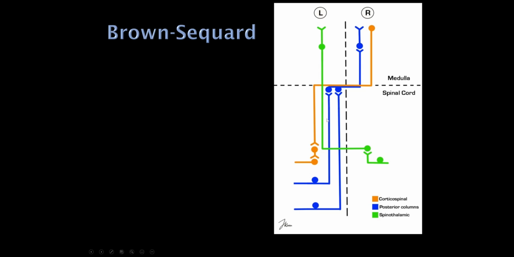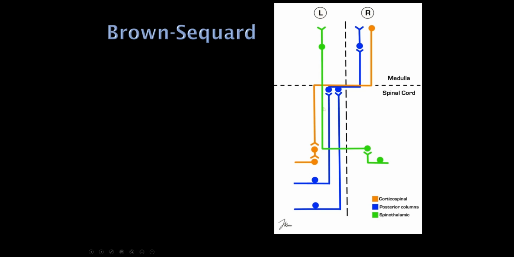Okay, here are the posterior columns. And because this hasn't crossed over yet, this crosses in the lower brainstem, a lesion of one half of the spinal cord will result in ipsilateral loss of vibration and proprioception below the level of the lesion. But the key thing here is because pain and temperature is always crossing over at every level.